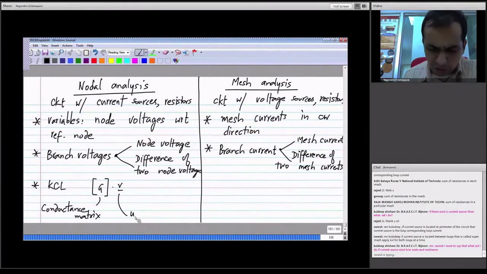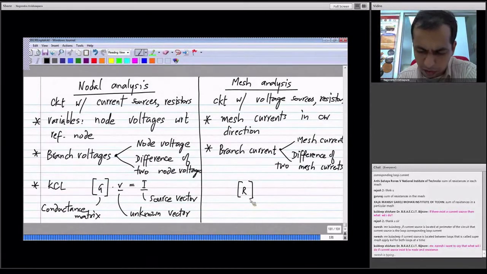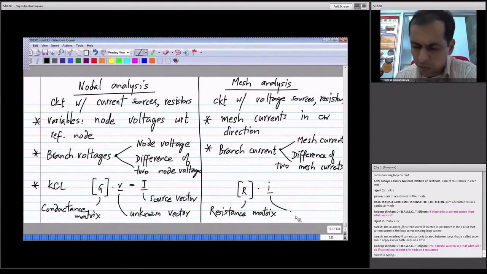Equals the source vector. And in case of mesh analysis, you will have the resistance matrix, which consists of resistances only, times the vector of unknown currents, that is the mesh currents, equals the source vector, which consists of voltage sources in each mesh.